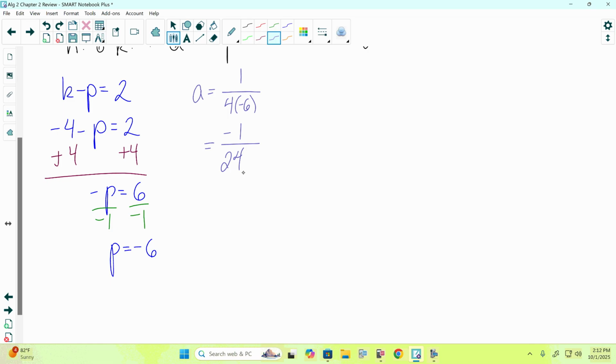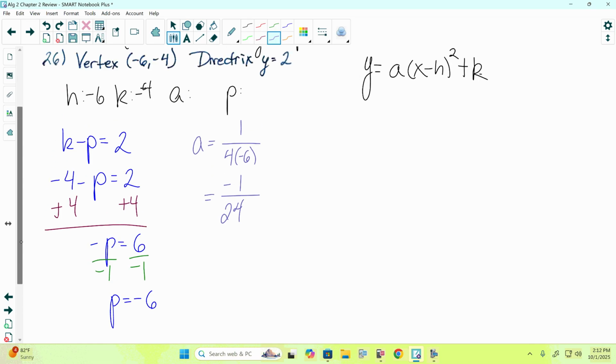And lastly, we need to find the value of a. A is equal to 1 over 4p, 1 over 4 times negative 6, which would be negative 1/24. Last thing we have to do is plug it back in. I have those flipped.